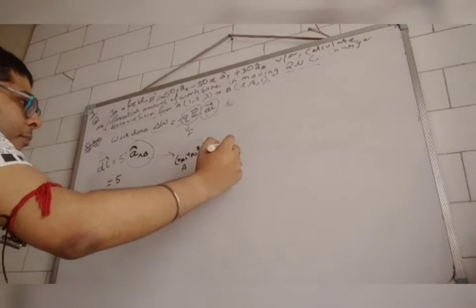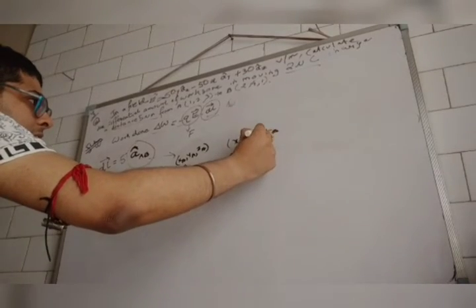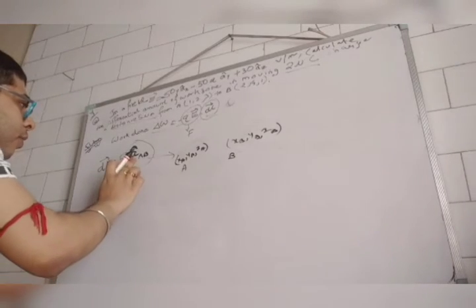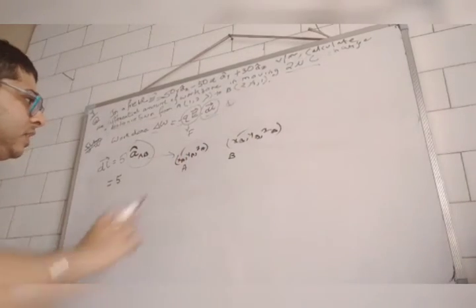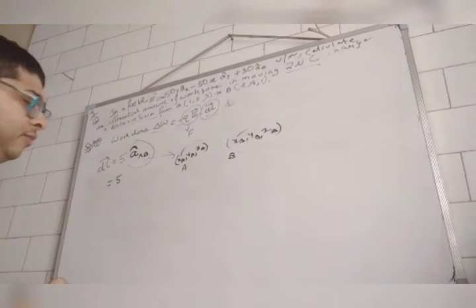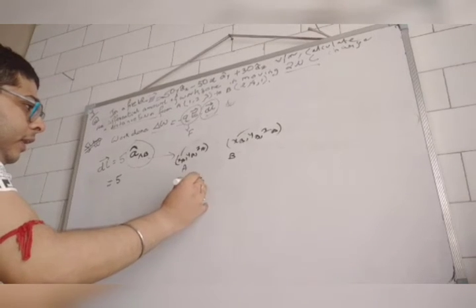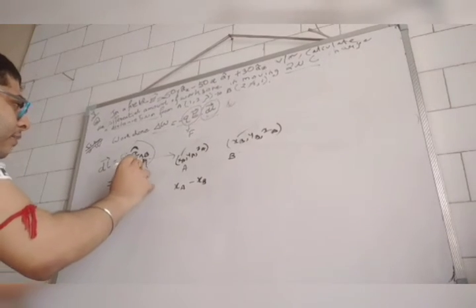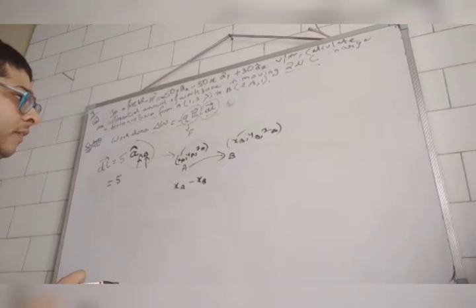And for this point B, we have XB, YB, ZB. You can write this in this form. And your unit vector from A to B will be simply subtracting the coordinates, the axis values. But remember one thing, this is our initial point and this is our final point because we are taking the charge from A to B. So this is the destination.